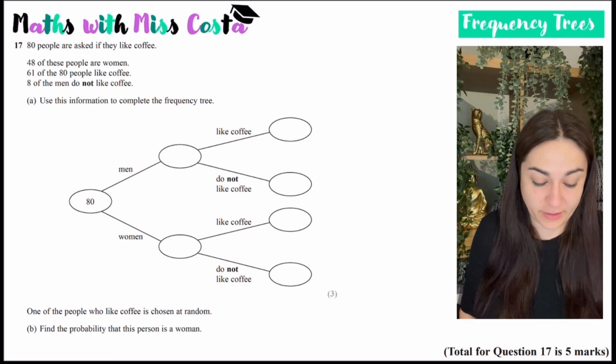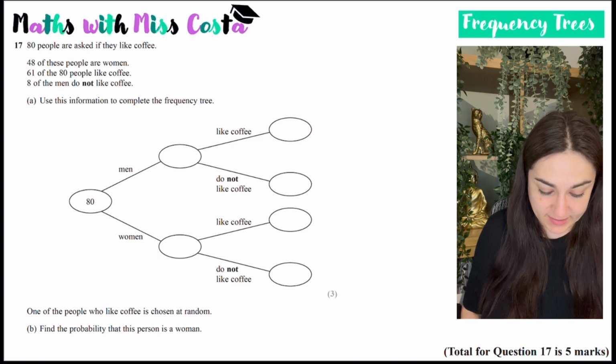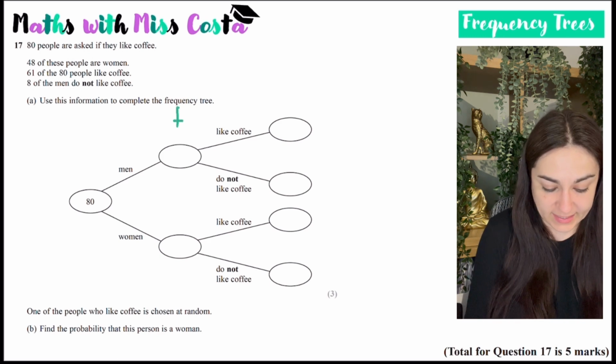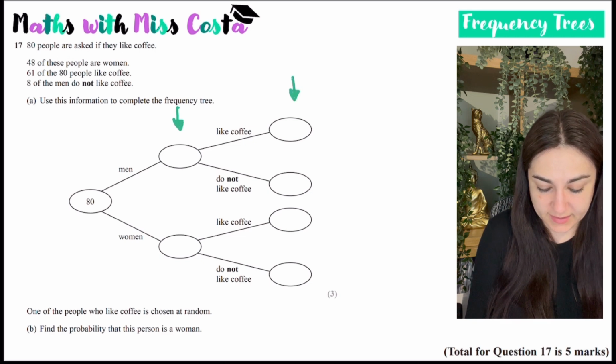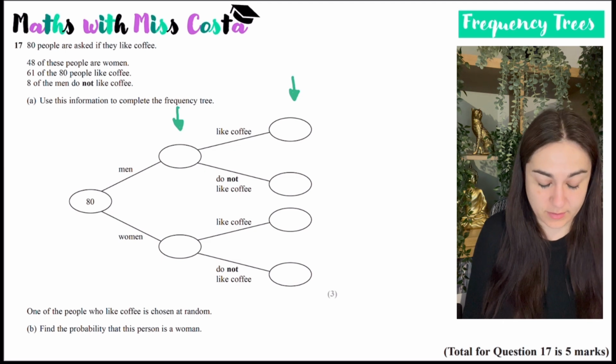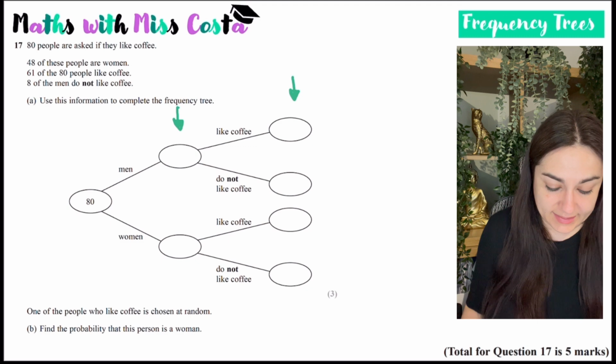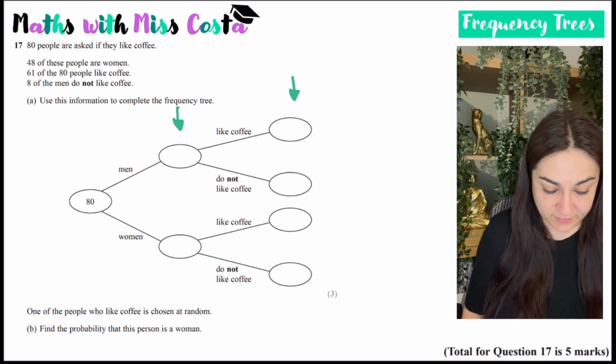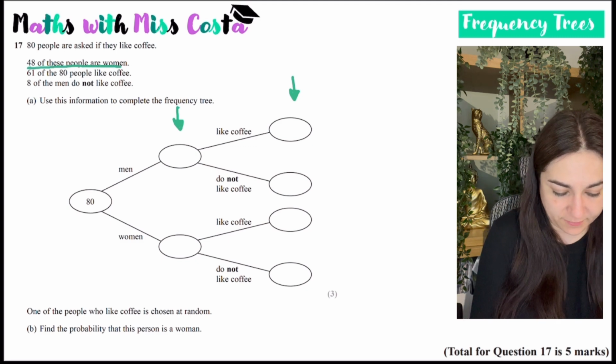Okay, next we've got a frequency tree. So the key thing with frequency trees is that each of these little branches or columns need to add up to 80. So let's fill in the information we've been given first. I'm told that 48 of these people are women.